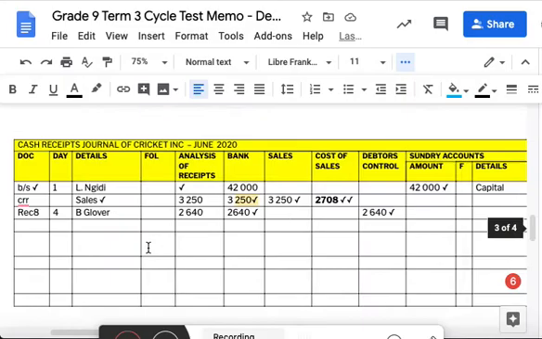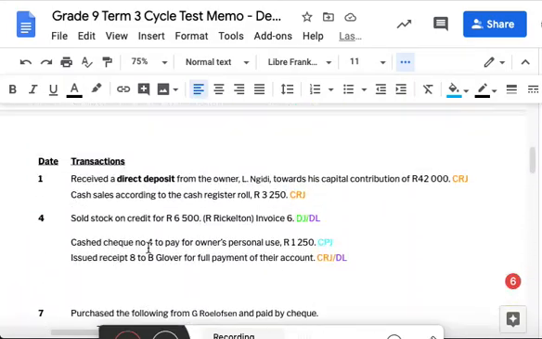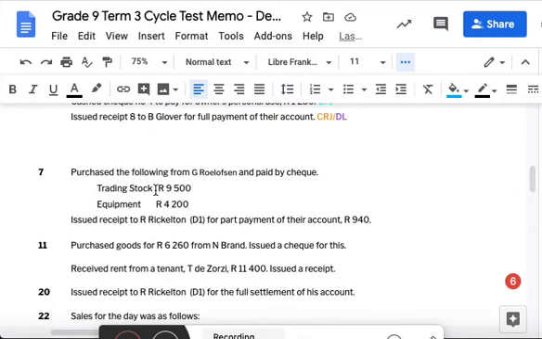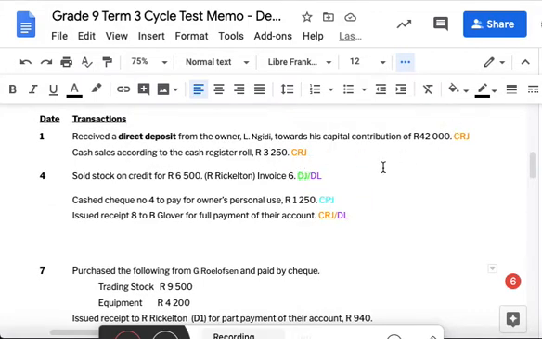Okay. Our next transaction was on the 7th. We purchased the following from G. Rulofson and we paid by check. So on the 7th, this is one transaction. It is one check to one person for two different things. What book do we go into, Alex? CPJ or CRJ or DJ?